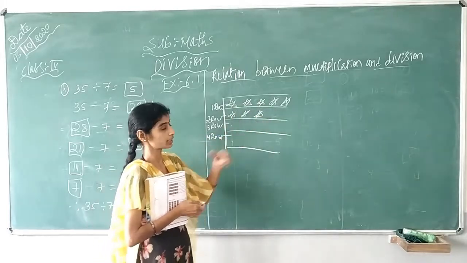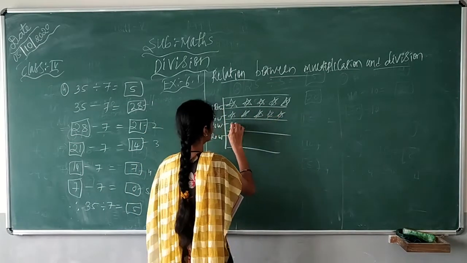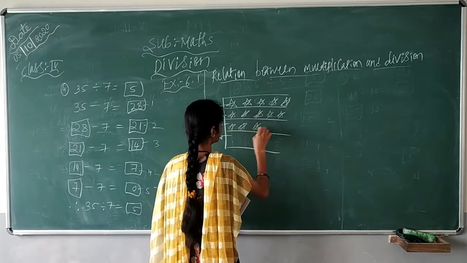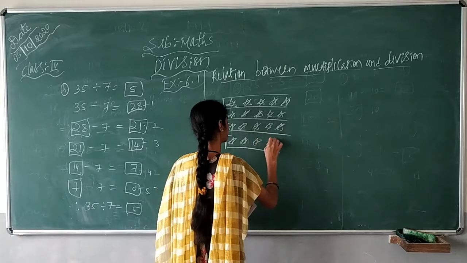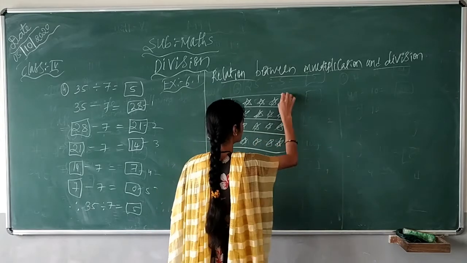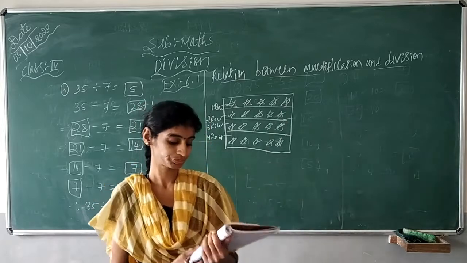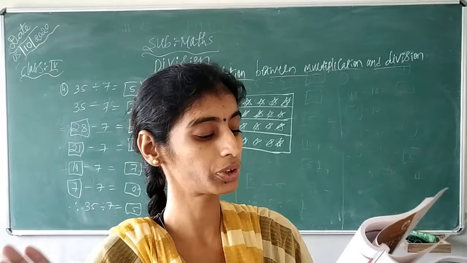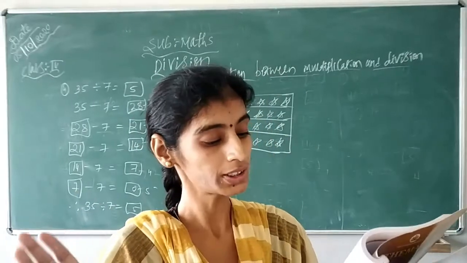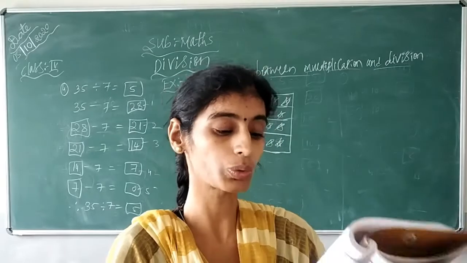In each row how many stars are there? 5. You can count, children. So each row has 5 stars. Now, 20 stars are equally distributed in 4 rows in such a way that there are 5 stars in each row.